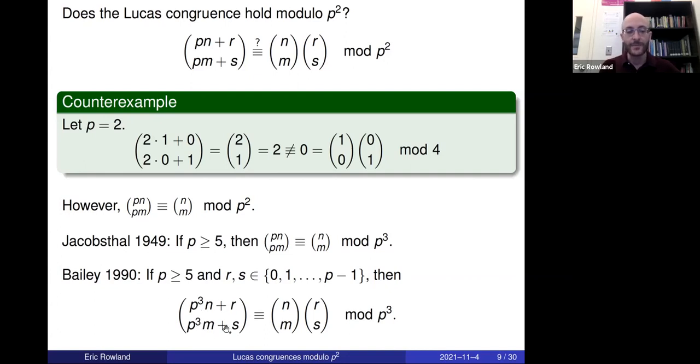So if you think of the top and bottom as being written in base P, the least significant digits can be anything, R and S, but then you need 2 zeros after the least significant digits in the top and bottom because of this P cubed here. And in that case, you can break it up as n choose m times r choose s, and it works mod p cubed.